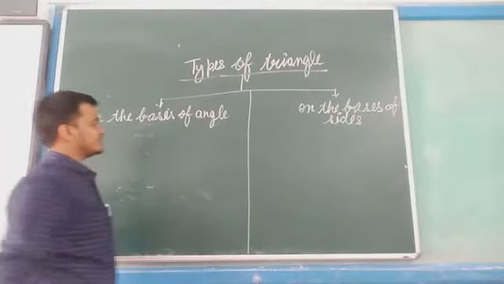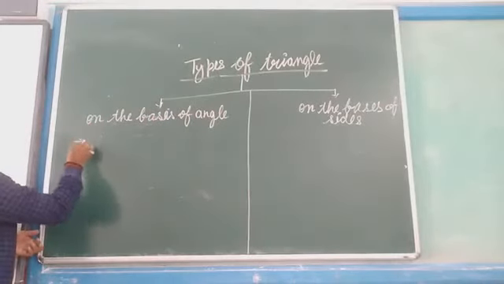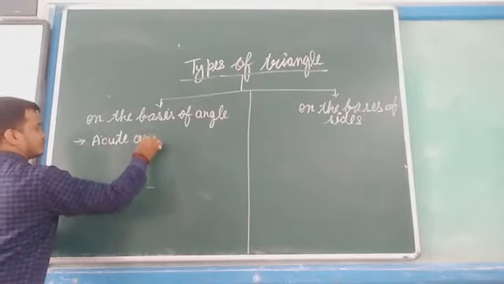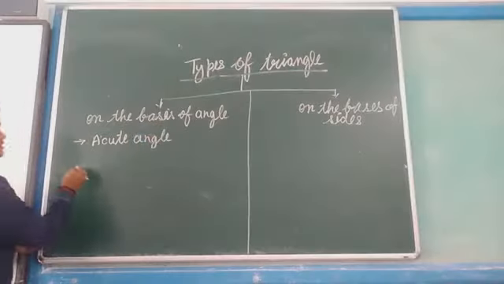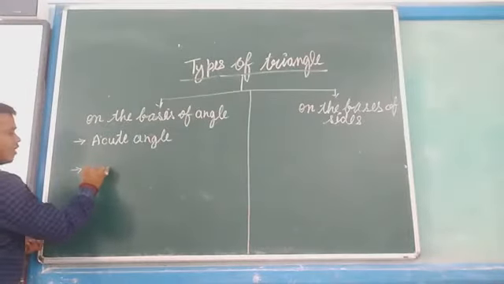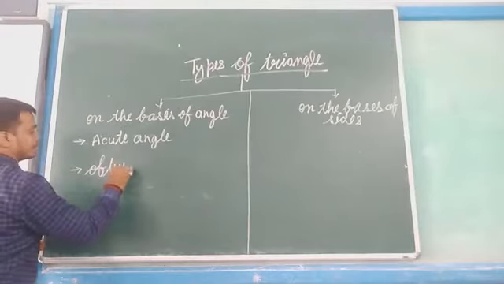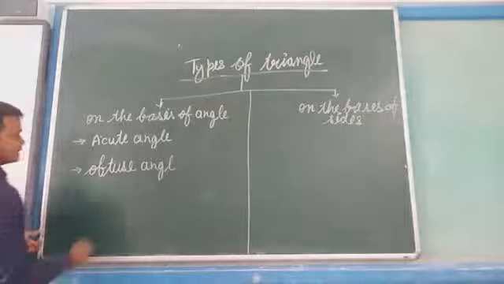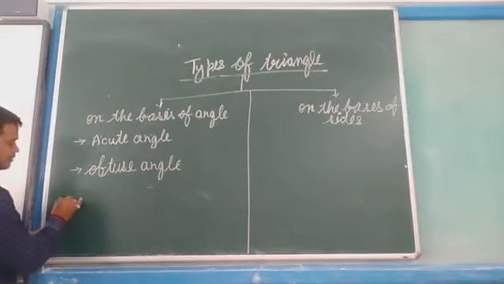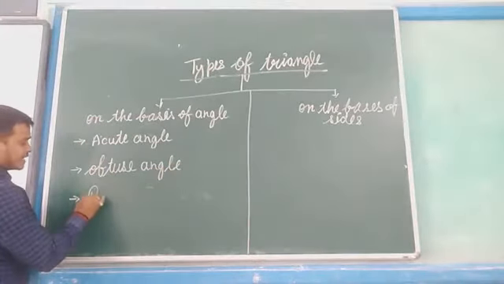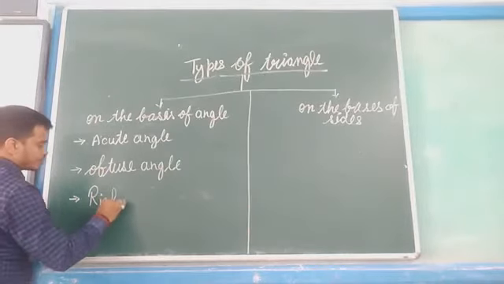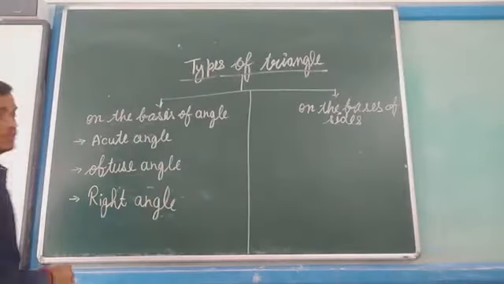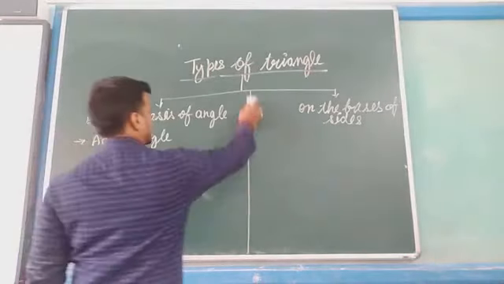If you see the division, the first type of triangle is the acute angle triangle. The second type of triangle is the obtuse angle triangle. And the third one is the right angle triangle. What is the acute angle triangle?